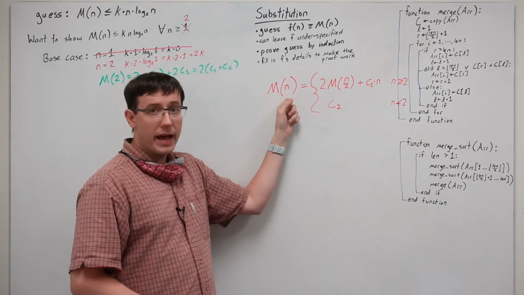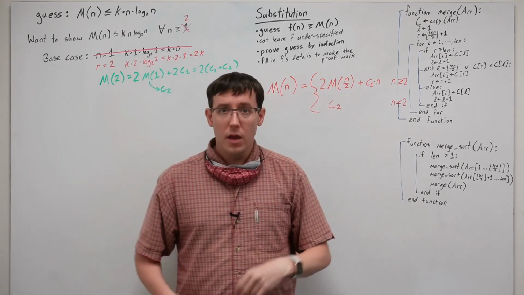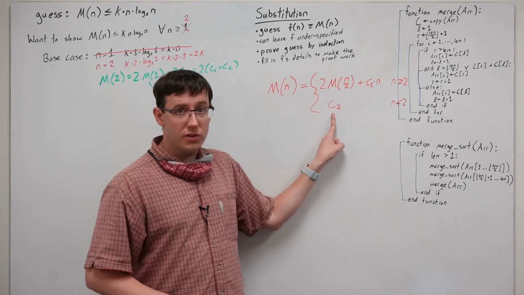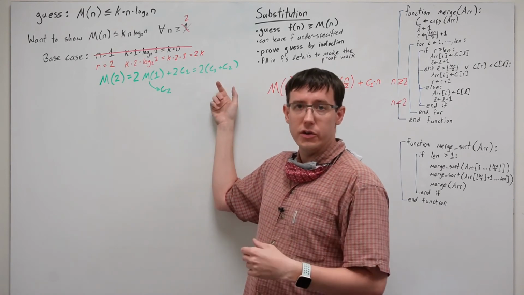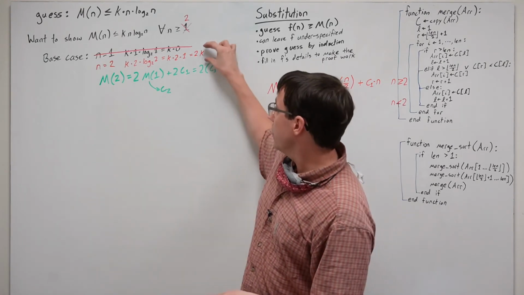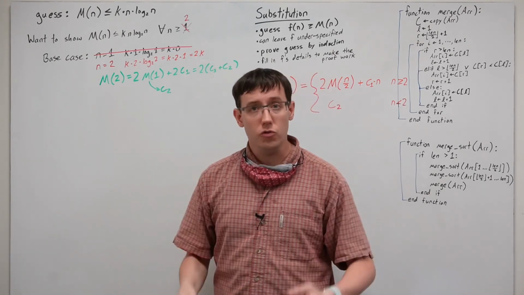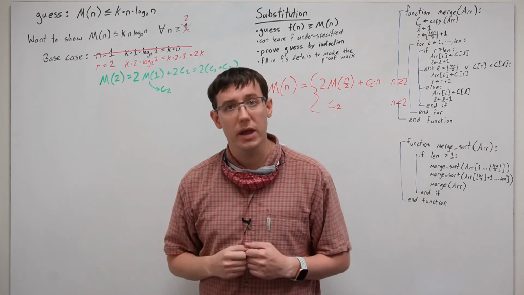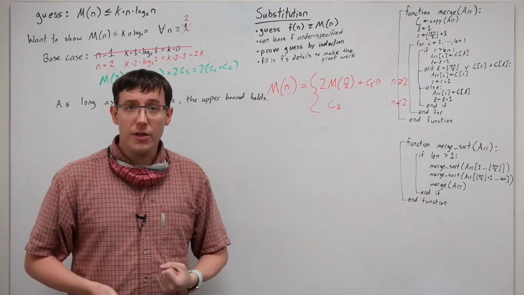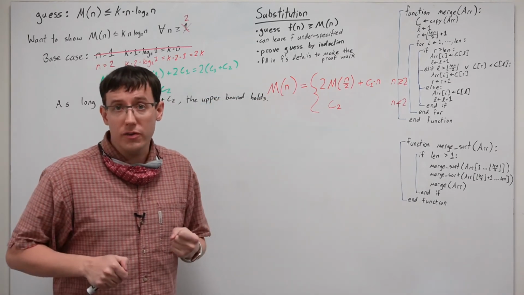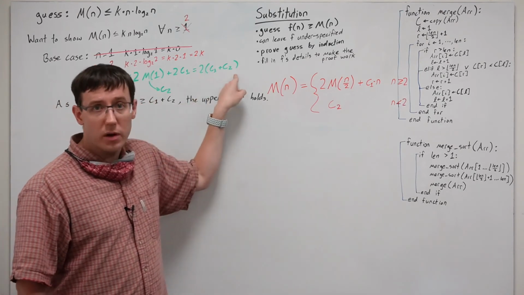Evaluating our recurrence at n equals 2 depends on our recurrence at n equals 1, but at the base case, our recurrence gives us c2, and so we get 2 times c1 plus c2, and to prove that this upper bounds this, we now have a constraint on what value of k we can pick. So we said that we would fill in the value of k as we went, and we now know that k has to be at least c1 plus c2.